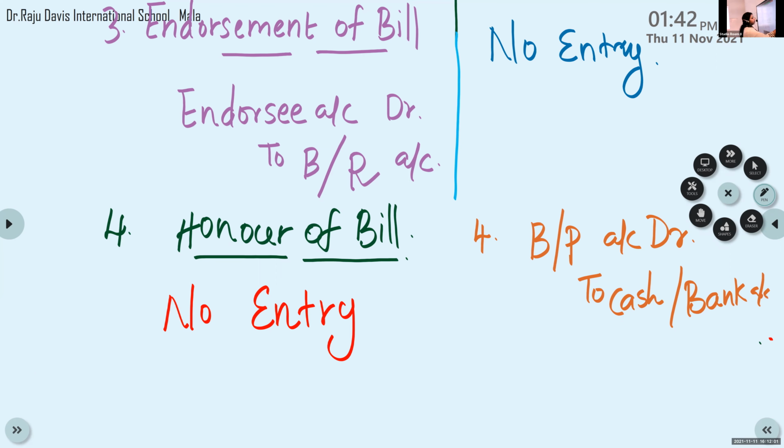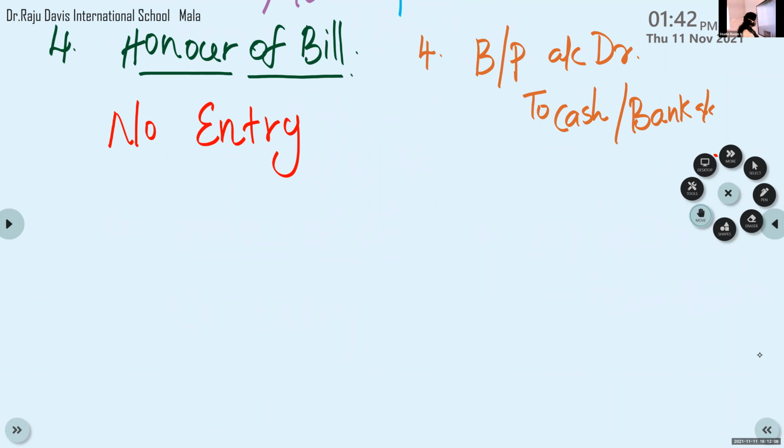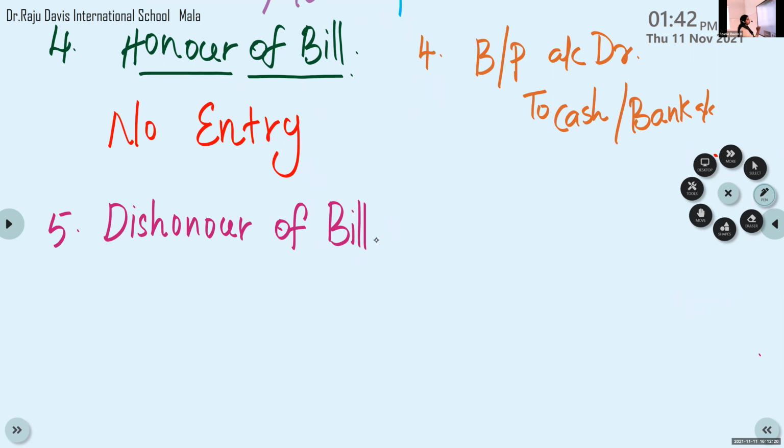Now, the fifth one. In case the drawee is not making the payment, then it is the case of dishonor of bill. What happens?